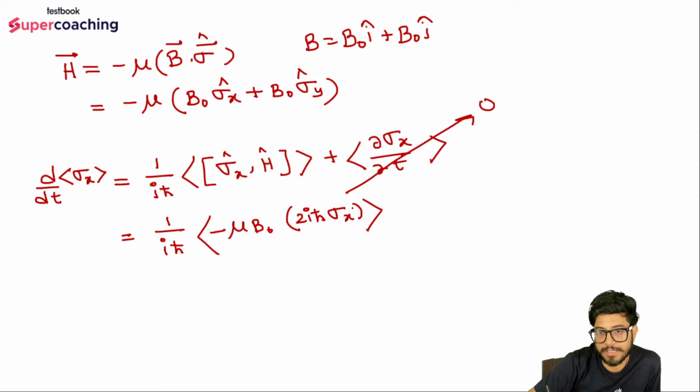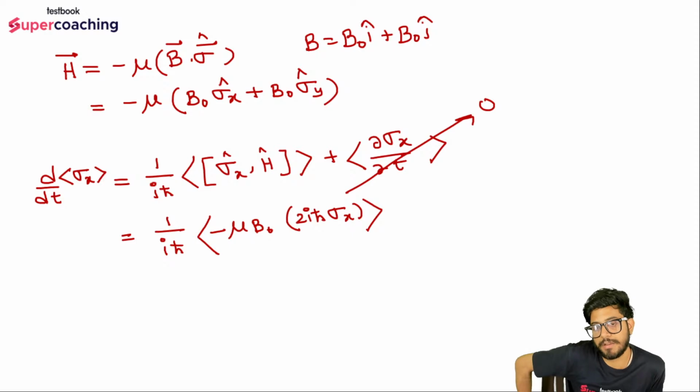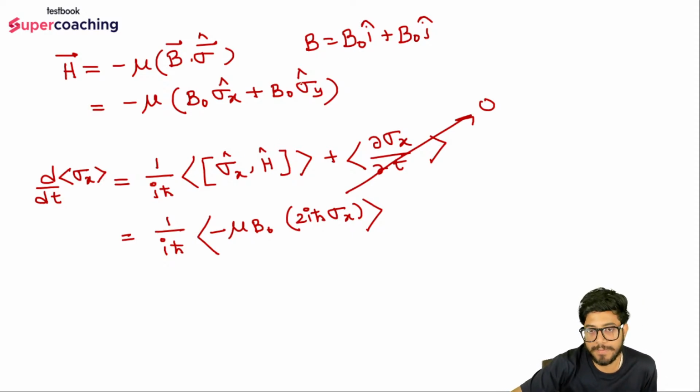Sorry, sigma x with sigma y means sigma z, so 2iħ sigma z.